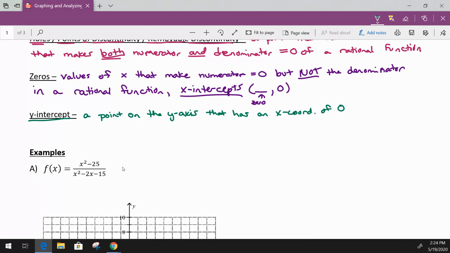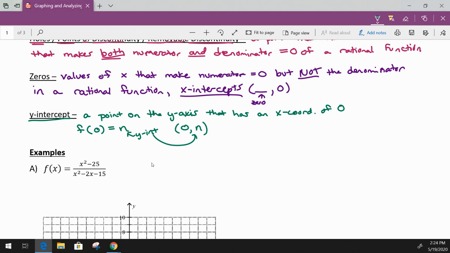So you take whatever your function is and substitute 0 for x, and whatever number you get is your y-intercept. Again, it's a point. The x-coordinate is 0, and the y-coordinate is whatever you get when you substitute 0 into the function.